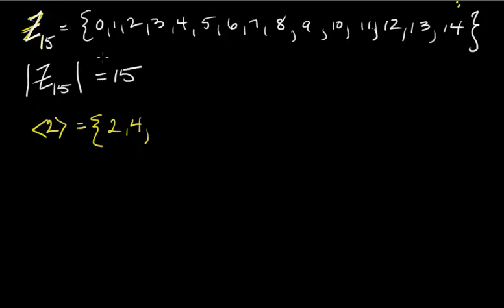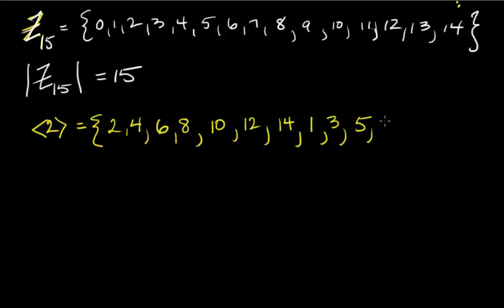It's addition mod 15. 2 plus 2 is 4, plus 2 is 6, plus 2 is 8, plus 2 is 10, plus 2 is 12, plus 2 is 14, plus 2 is 16, which is 1, plus 2 is 3, plus 2 is 5, 7, and then we get 9, 11, 13, and plus 2 is 15, which is 0.